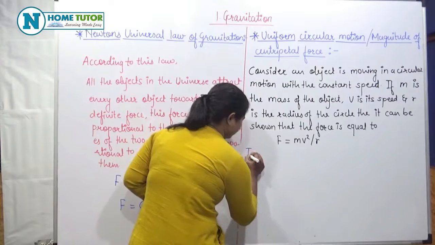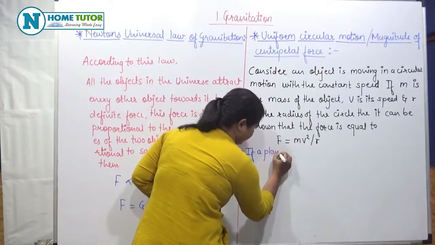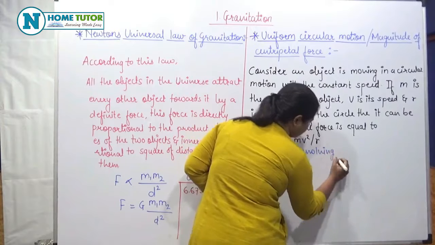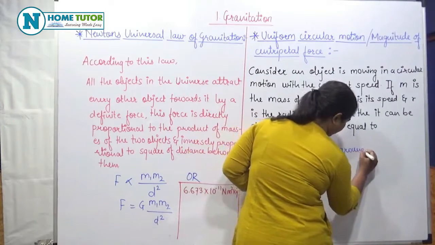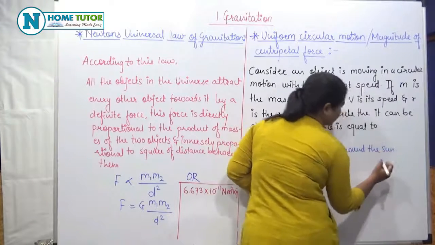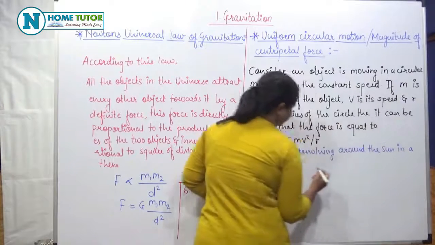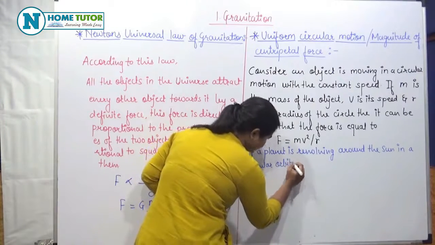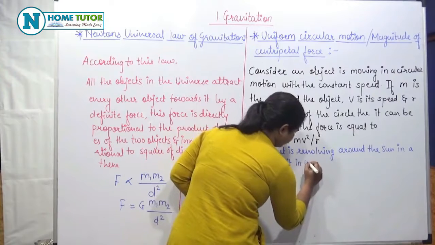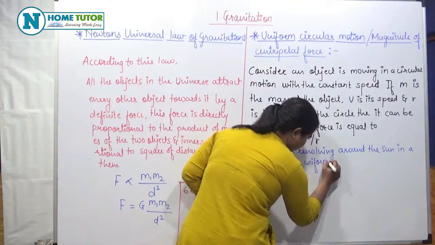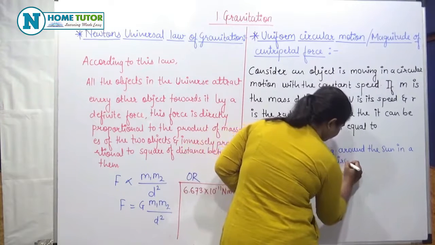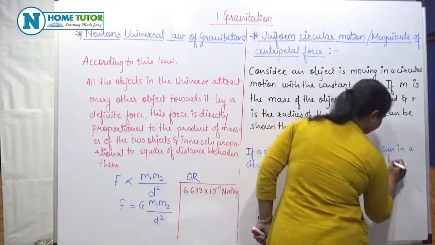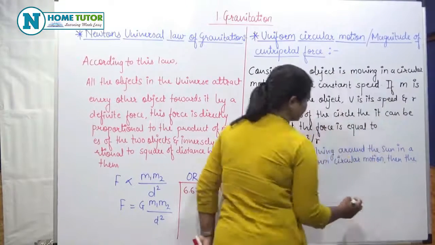Similarly, if a planet is revolving around the sun in a circular orbit, in uniform circular motion, then the centripetal force is acting on the planet.